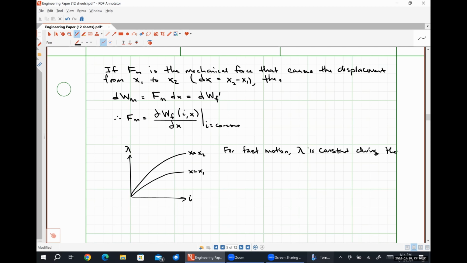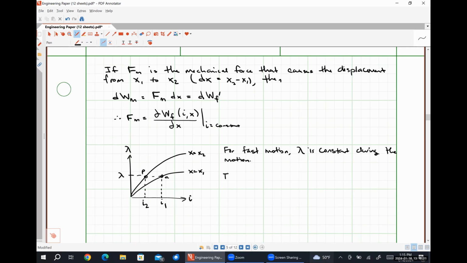The flux linkage does not change during the motion. So effectively, here is our flux linkage. We're going to have some operating point A here, where we started from, and this should be the same as the A earlier. It's corresponding to some current I1. And then since our flux linkage didn't change, here's our new operating point, which I'm going to call P. And it has some corresponding current I2.